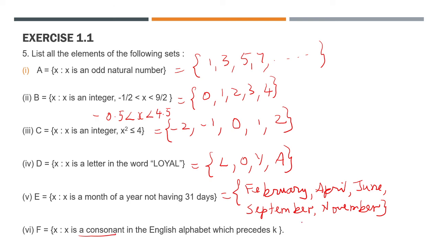They have asked only for consonants, so the vowels are not included. So, the set is B, C, D, F, G, H, J.